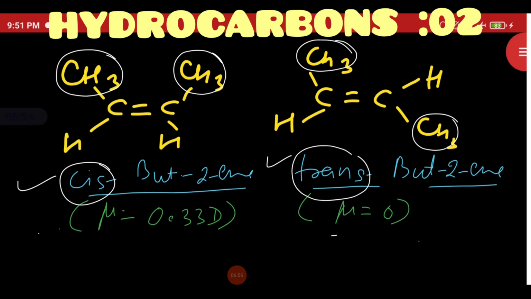The trans form is almost non-polar, and the reason is that in this case the two methyl groups are in opposite directions, therefore the dipole moments of the bonds get cancelled, thus making the trans form almost non-polar.